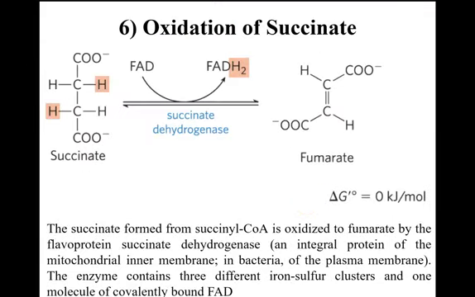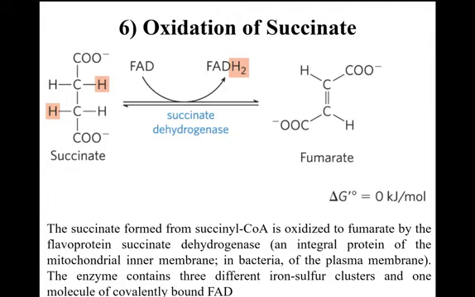And so step 6 is the oxidation of succinate, where it utilizes the succinate dehydrogenase and uses a cofactor of FAD that acts as an electron acceptor and thus produces an electron carrier that can go off to make ATP.